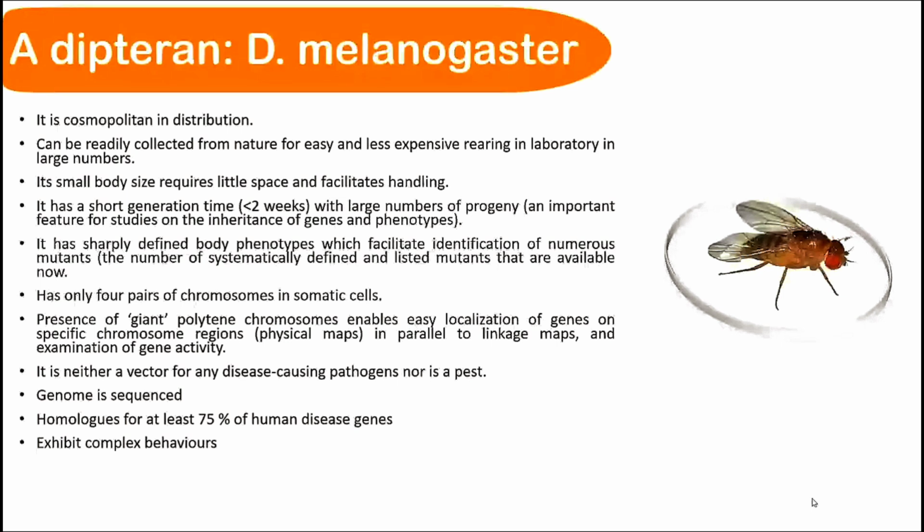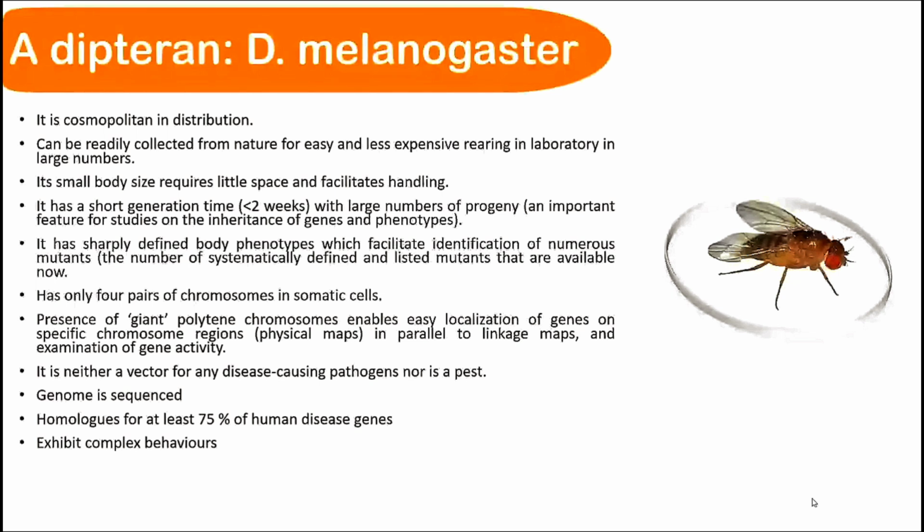Similarly, Drosophila is a wonderful organism which shows a lot of behaviors in terms of getting attracted towards light, or moving away from the light, which causes a lot of impact on Drosophila. The geotropism that you see in Drosophila, they move upward or they go down, and height, etc. So all these things matter a lot for Drosophila.